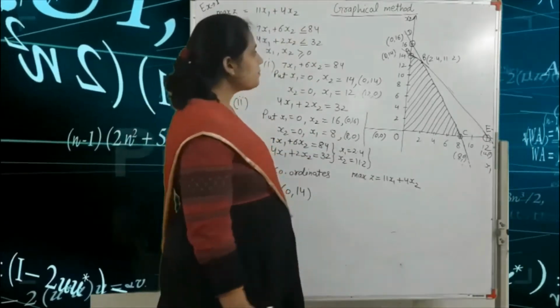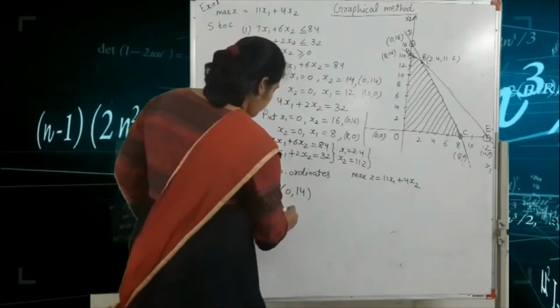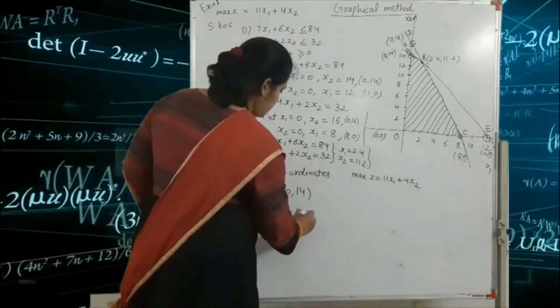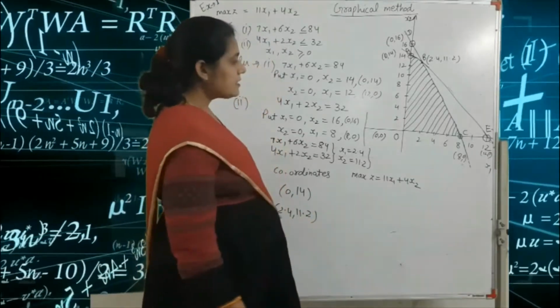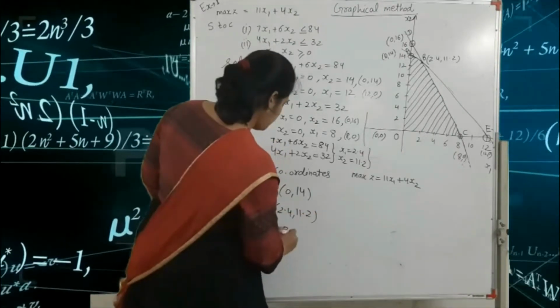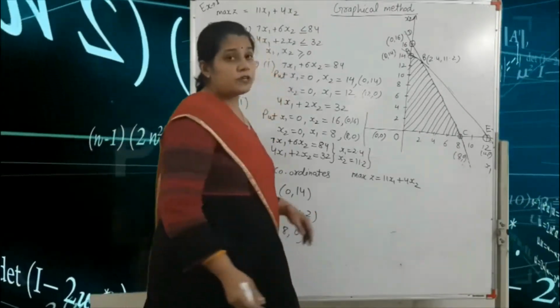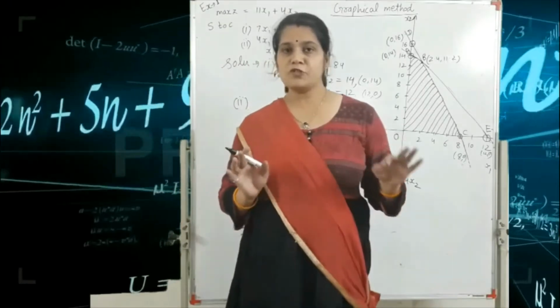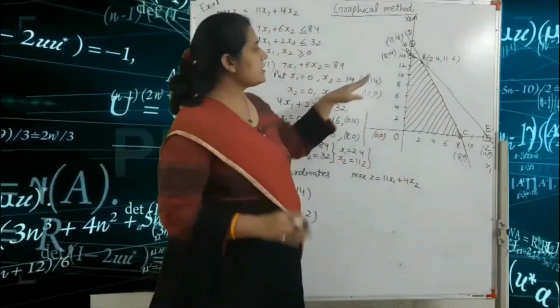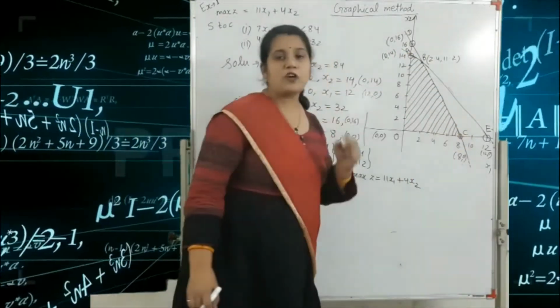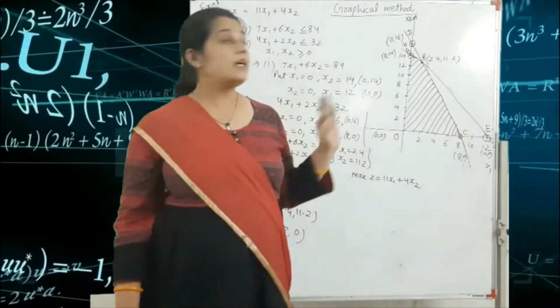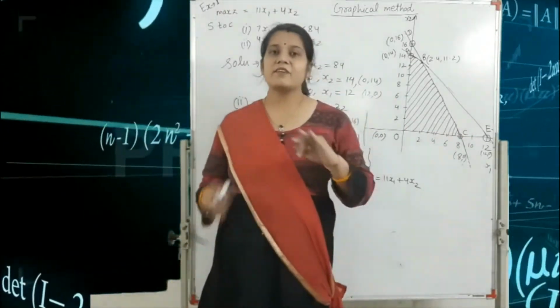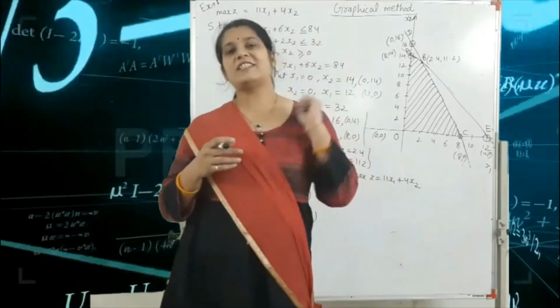B point is 2.4, 11.2, and the C point is 8, 0. You write all the 5 points here, but these 2 points do not satisfy the constraint equations. That means these 2 points are not included in our feasible region.